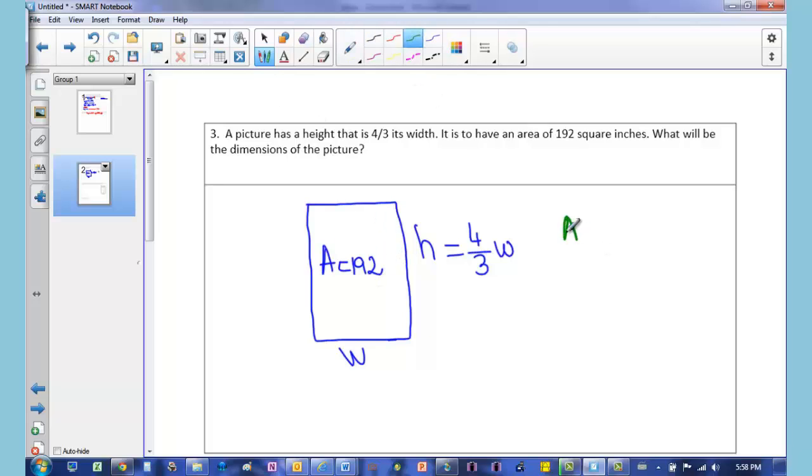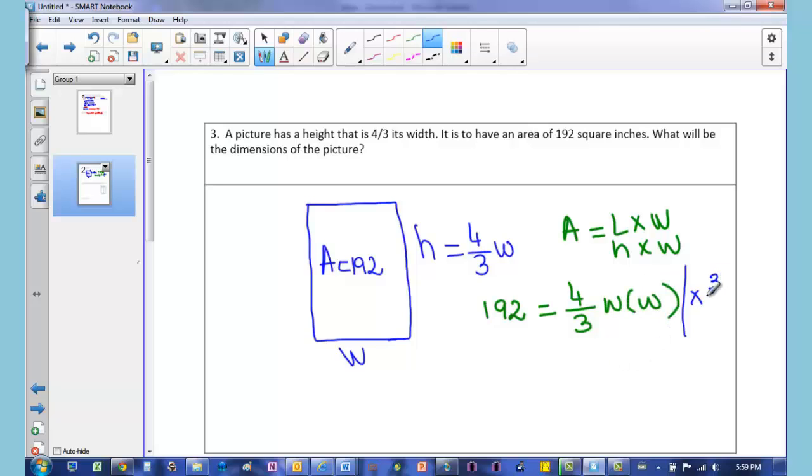Well, I'm hoping you remember area is length times width, or height times base, or height times width. Well, the area we know is 192, and the height is 4 over 3 w, times w.